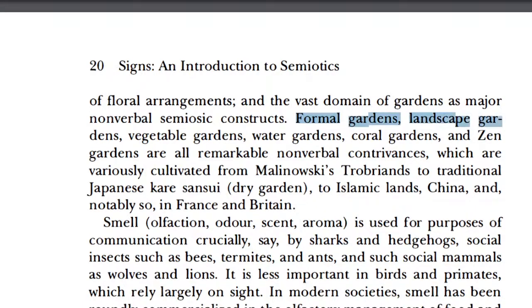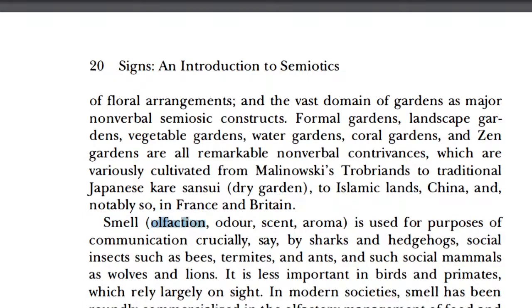Formal gardens, landscape gardens, vegetable gardens, water gardens, coral gardens, and Zen gardens are all remarkable nonverbal contrivances, which are variously cultivated from Malinowski's Trobriands to traditional Japanese karesansui, the dry garden. Yeah, the rock gardens in Japan are cool. To Islamic lands, China, and notably so in France and Britain.